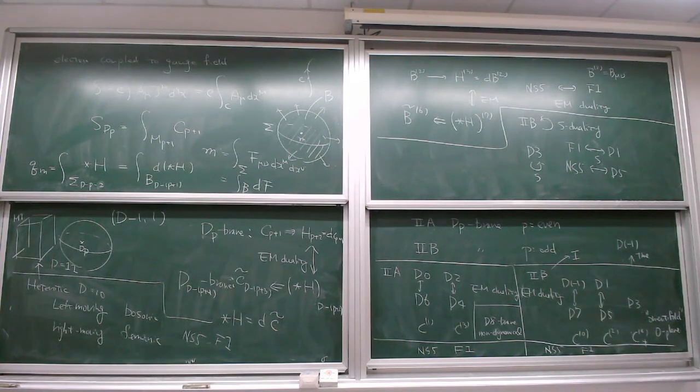That's what we are going to learn from now. It's going to be more interesting than just doing worksheet analysis. The D brane will give you really non-perturbative dynamical phenomena in superstrings. I don't think I have time to do that.